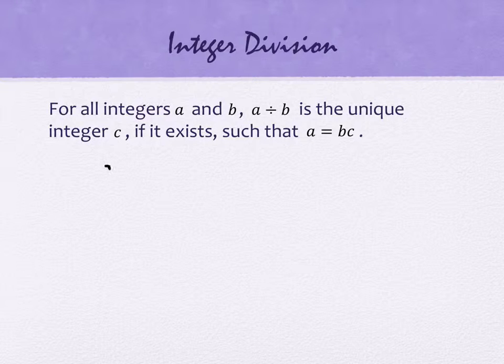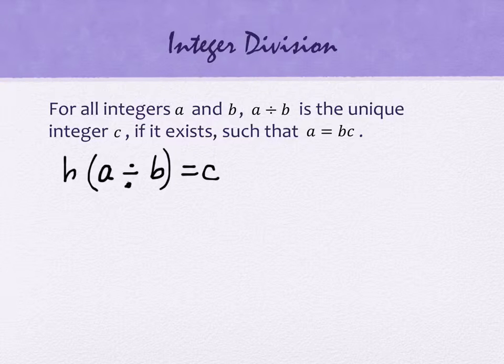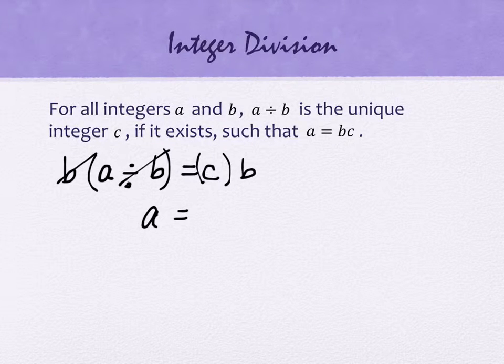Basically the idea being that if you have a divided by b, and it equals c, and you were to multiply both sides, for instance, by b, because that is the same as the opposite of dividing by b, then this would equal the b times c or c times b.